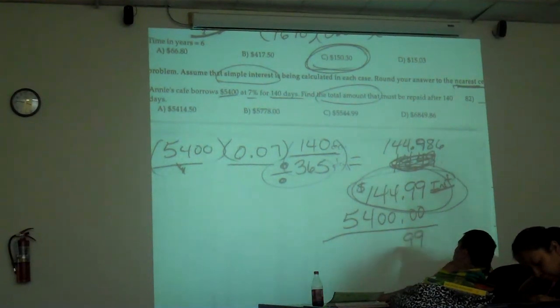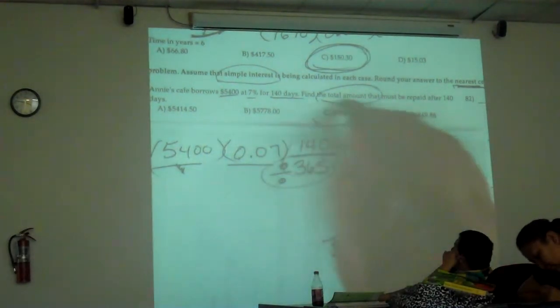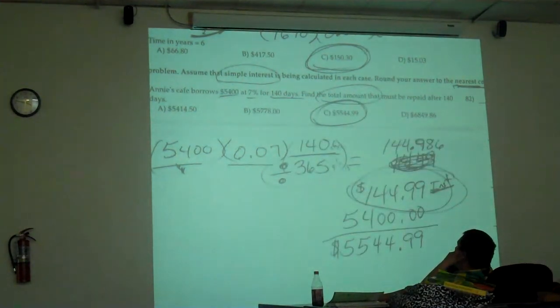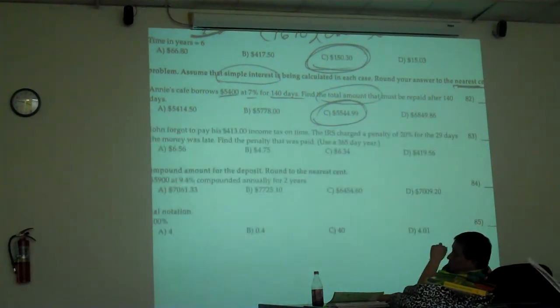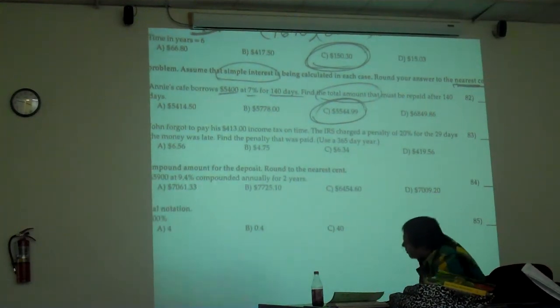So the total amount paid will be $5,544.99, which is C. You have to do it separate, interest and then add it on. The compound, you won't have to do it separate, but this one you do.